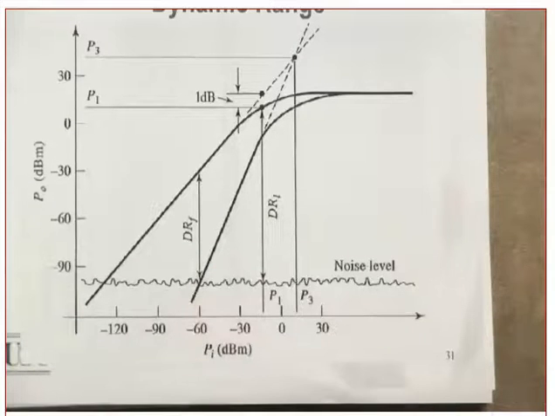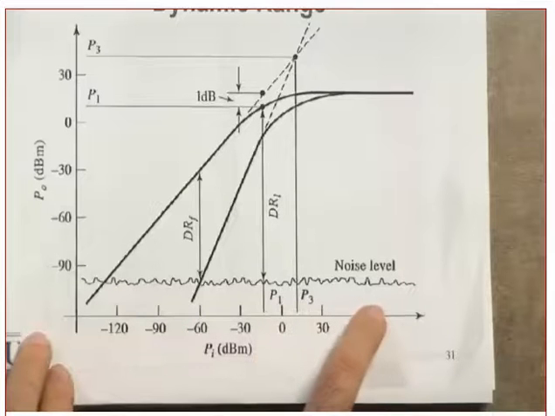CDMA uses spread spectrum, which means the spectrum is spread along a large range of frequencies. Yes or no? If you keep adding users, this level, spread along a high range of frequencies, will keep adding up to the noise.